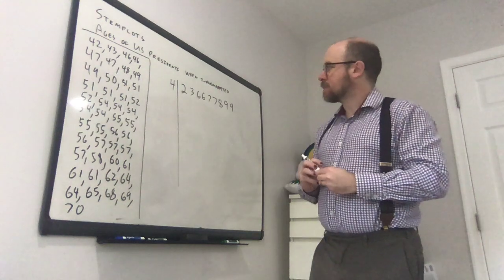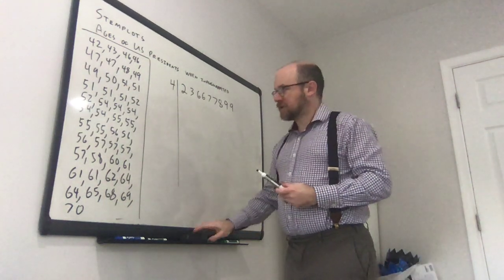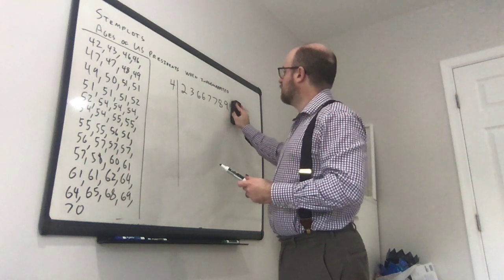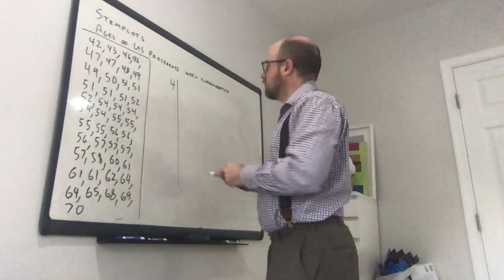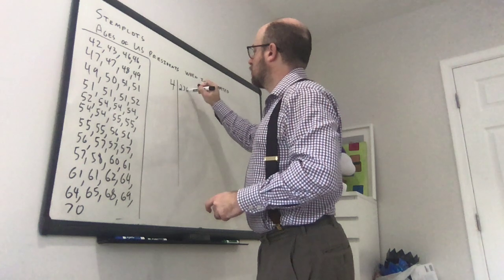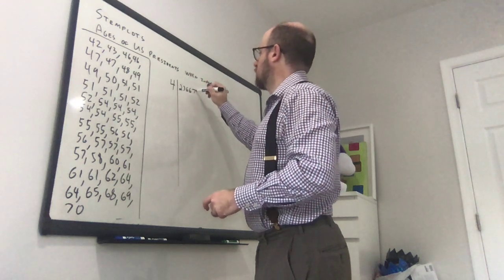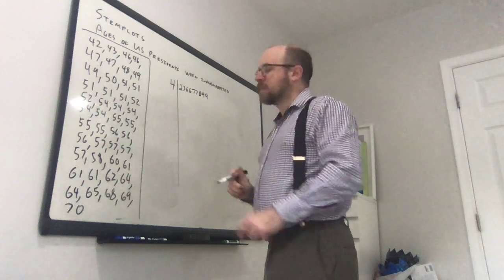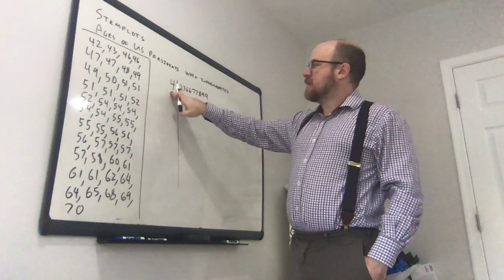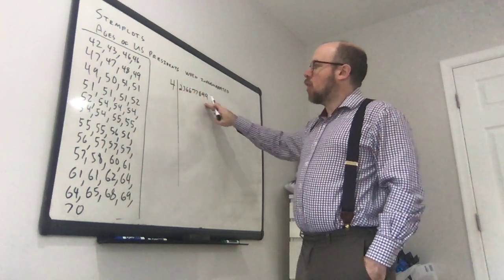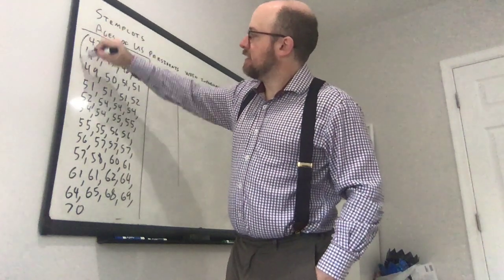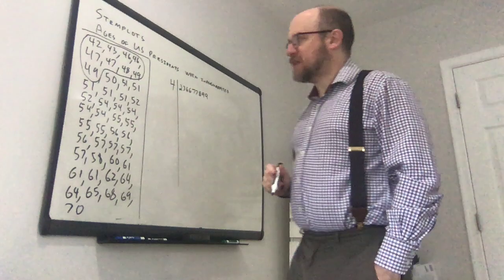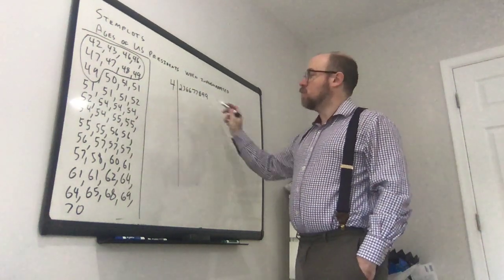Actually, I'm going to rewrite these a little bit smaller, because otherwise I'm going to run out of space. That's better. Okay? So we've got the stem 4, and all of the different leaves associated to that particular stem written out.